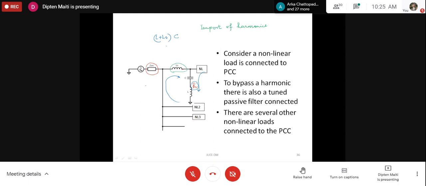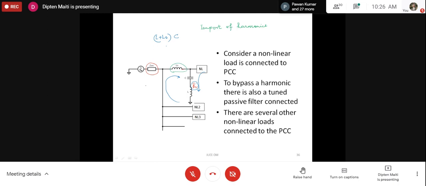You should select an LS such that any possible LC filter does not become tuned at any other harmonics. To give you an example, let's say the LC filter you have connected is tuned at the third harmonic. Now if you connect an LS, of course the frequency of tuning would increase because the L value has increased.